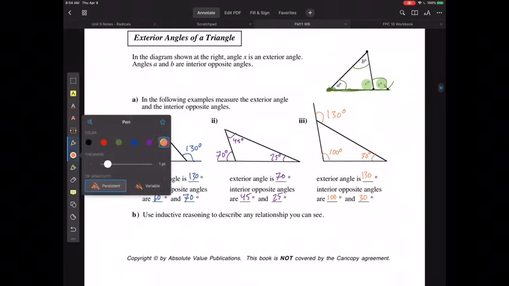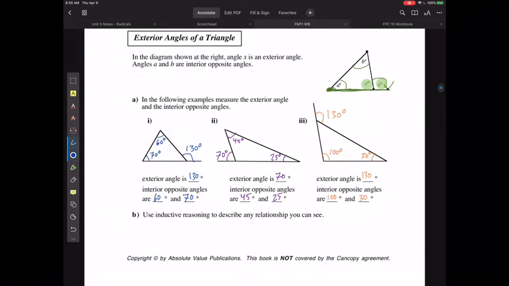If I am using inductive reasoning to describe the relationship I can see, it looks like the exterior angle is equal to the sum of the interior opposite angles.